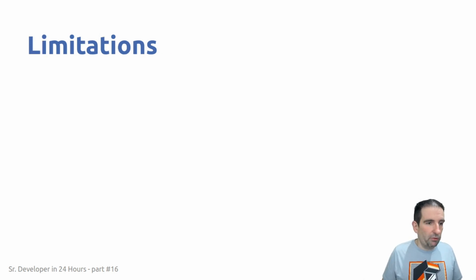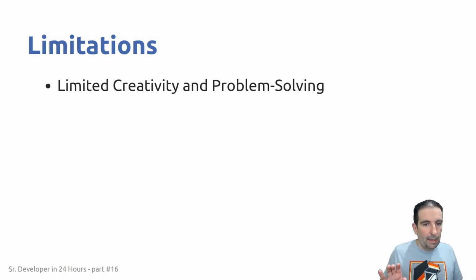Now, let's talk a little bit about limitations. Because any tool, doesn't matter how shiny, is going to have a lot of limitations. The biggest limitation is probably that current models have limited creativity and problem solving. GenAI might seem like something straight out of a science fiction movie, but it is limited by the training data that it has.